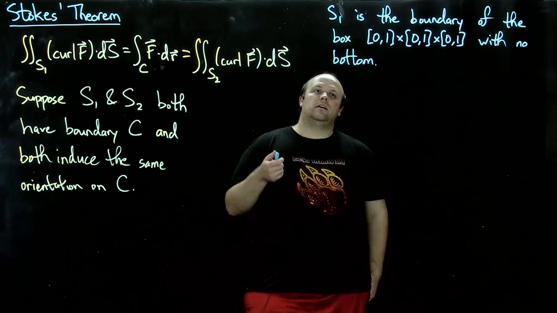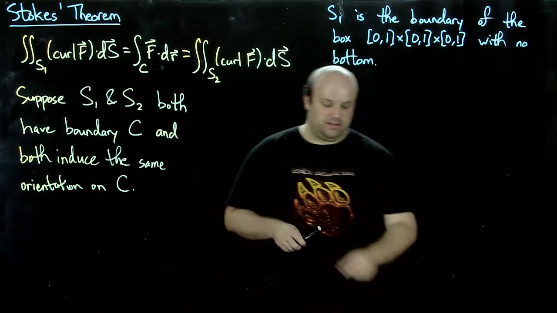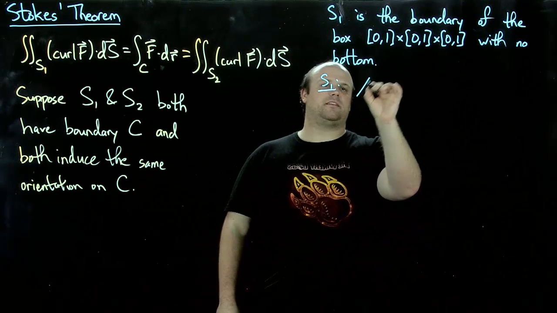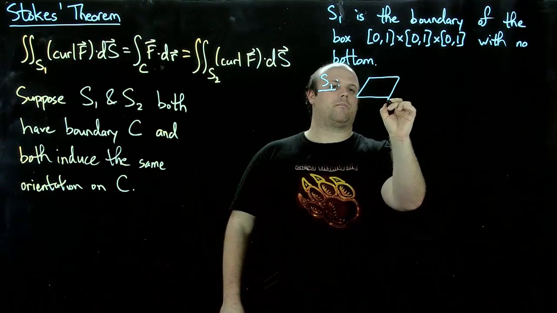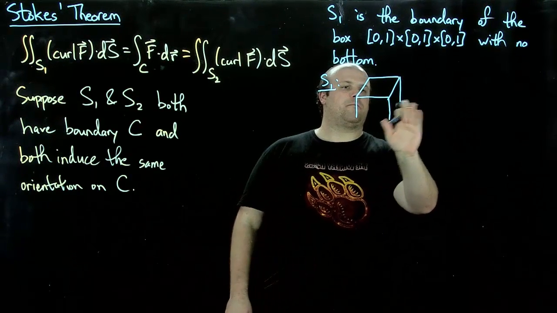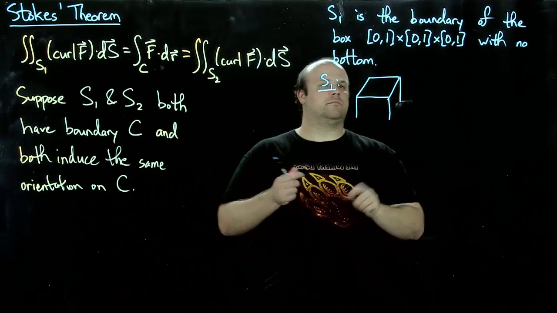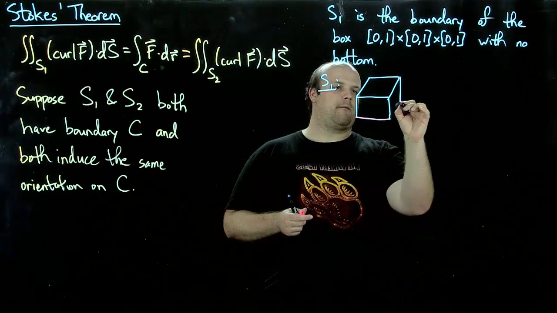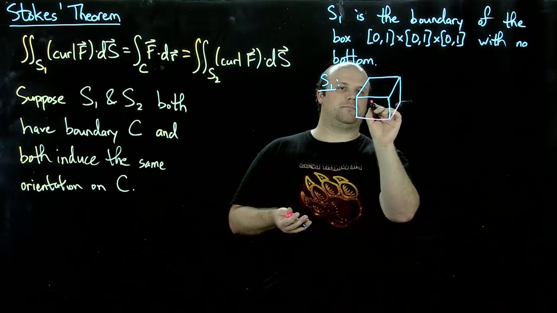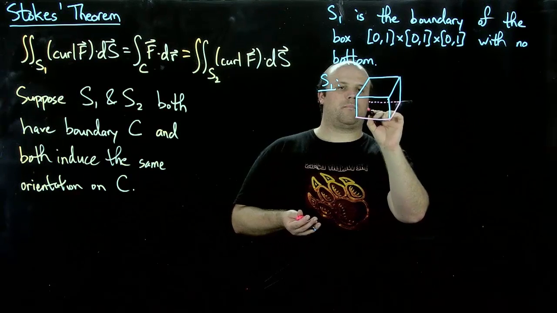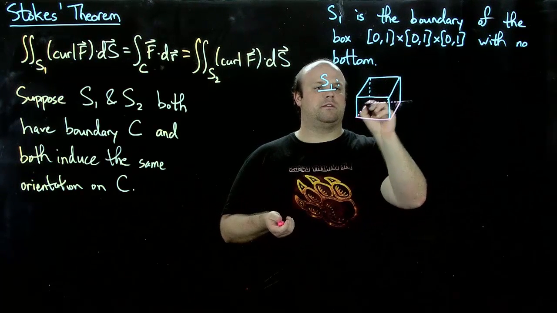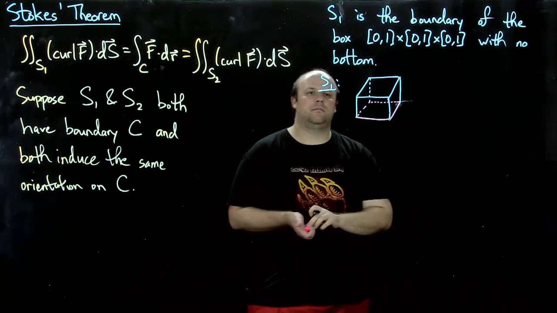So S1 then is a surface that looks something like this. Draw some more lines here. So this would be S1, this cube.